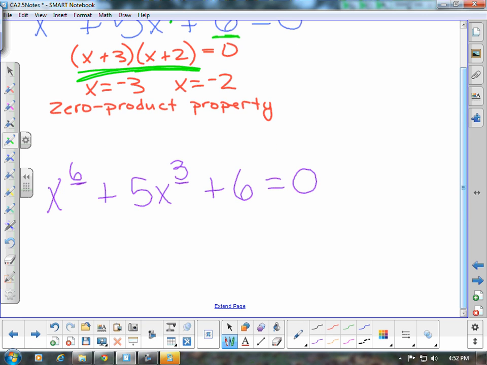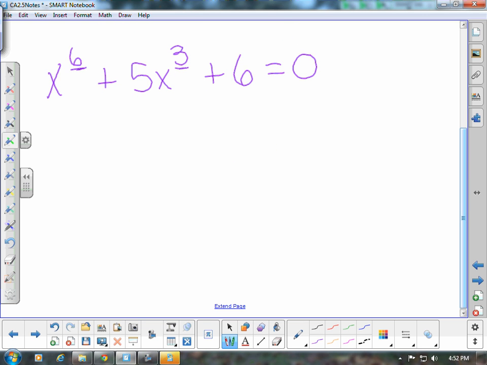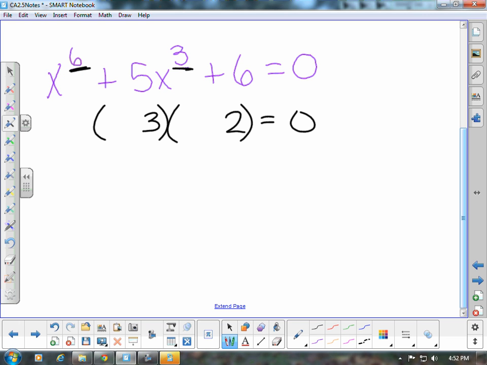So if you were looking at something like this, x to the 6 plus 5x to the third plus 6, well, yes, 6 is here, 3 is there, so it's factorable. And so now, what are the factors of 6 that get you to 5? And they would still be 3 and 2. But now instead of just writing x here, you would have to write x to the third and x to the third. And it'd still be plus 3 and plus 2.